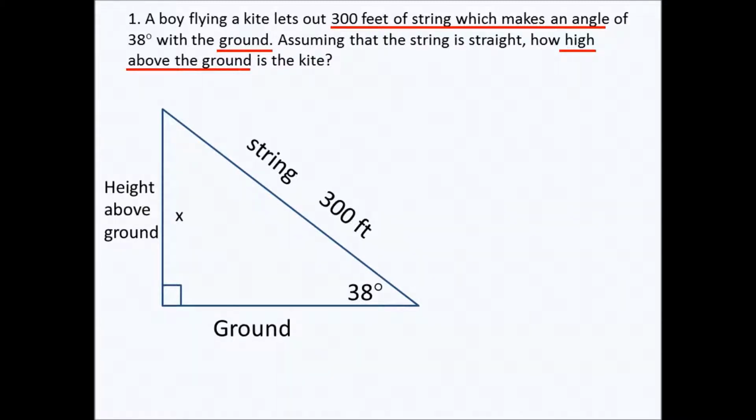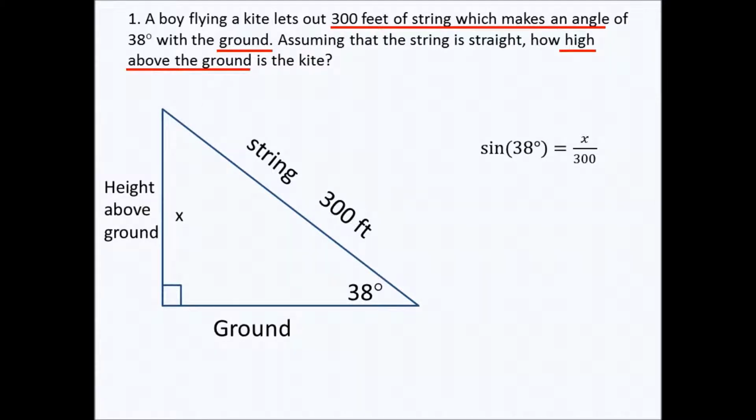Across from the angle of 38 degrees, we have x, so x represents the opposite side. We're given the value of the string, which is 300 feet, and that represents the hypotenuse. So the trig function that relates hypotenuse and opposite sides is the sine function. Therefore, sine of 38 degrees is equal to x divided by 300.